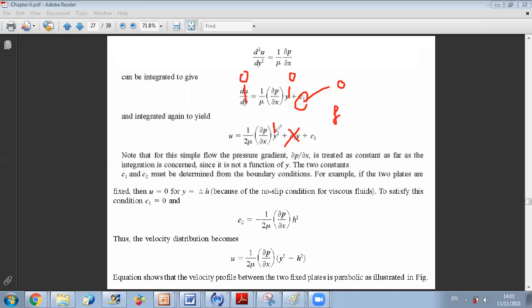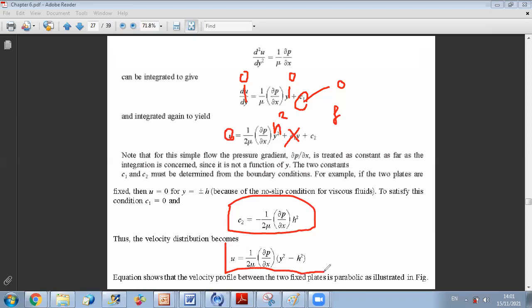We get here 1 over 2 mu del p by del x h squared plus C2 equals 0. Okay. So we end up with C2 equal to minus 1 over 2 mu del p by del x times h squared.